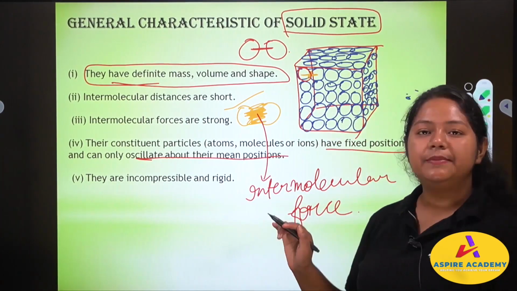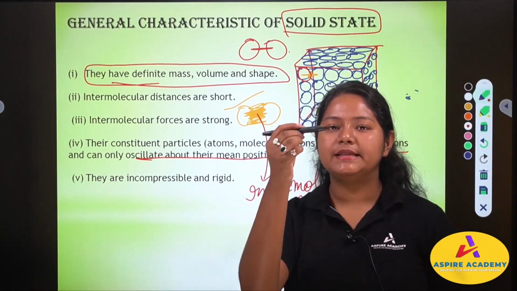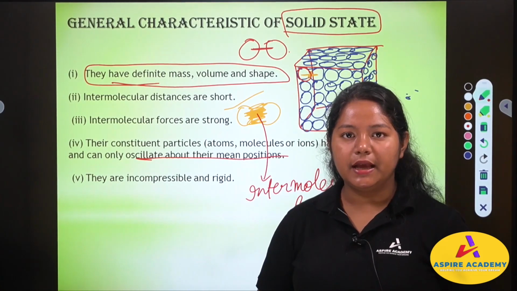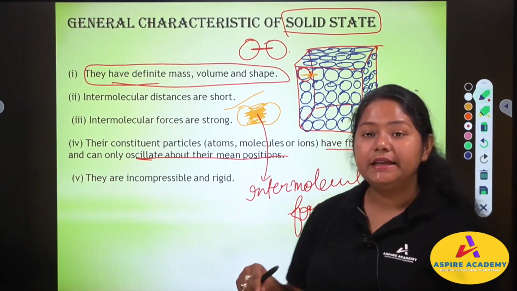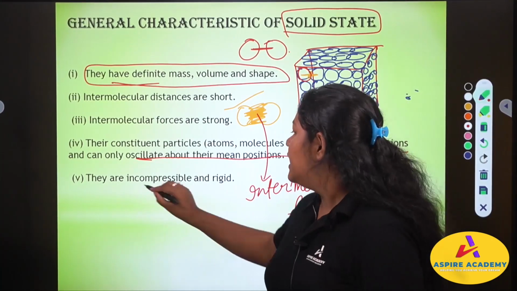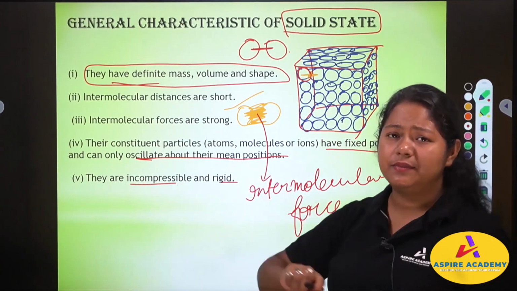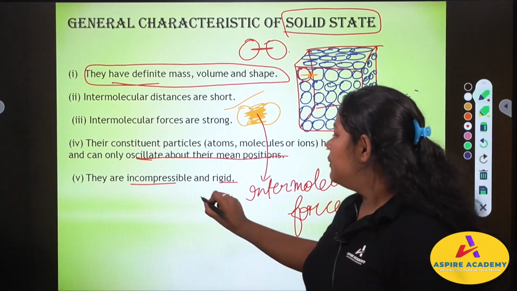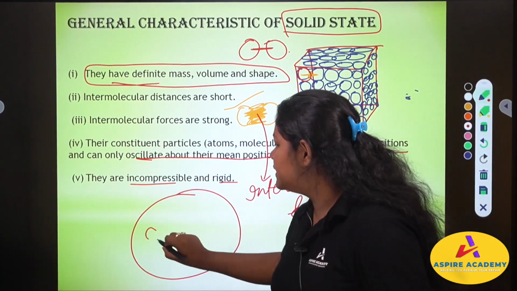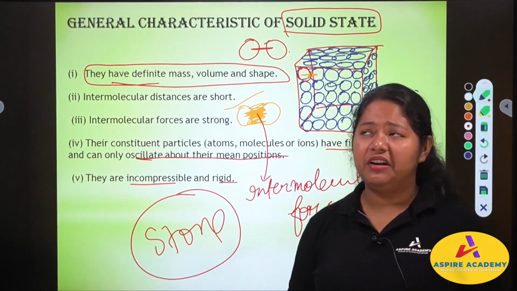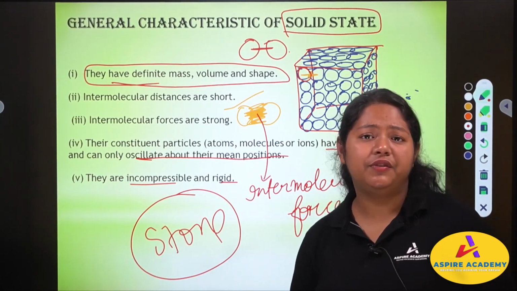They are incompressible and rigid. Obviously, can you compress this pen? If you try to give a lot of pressure, the pen will break. We cannot compress it and keep it as it is. Incompressible and rigid means, is it easy to move a big stone that weighs about 50 kg or 100 or 200 or 500 kg?